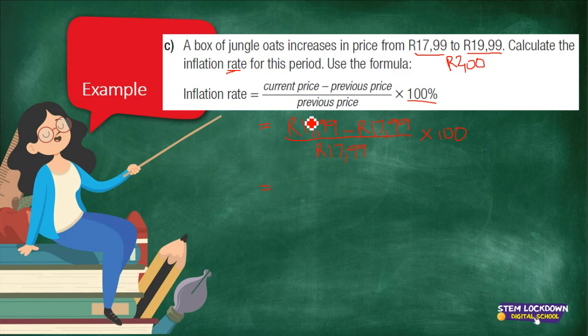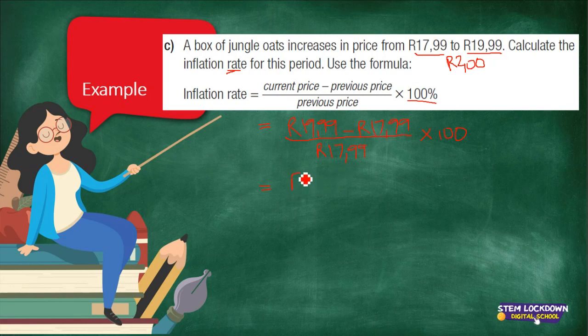Now, learners, avoid skipping this step that I'll show you just now. Some learners move from this step to the answer, and then they get the answer incorrect, right? So it's very, very important that you first subtract. Subtract your 19 rand 99 from 17 rand 99.